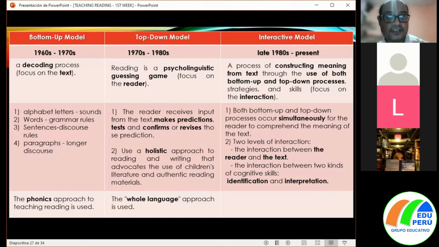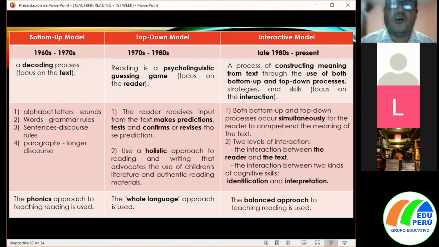Notice that you are using all the skills. This is a reading lesson, yes, but you use all the skills. This is known as the whole language approach. Remember, this is the whole language approach. You use all the skills in a lesson.